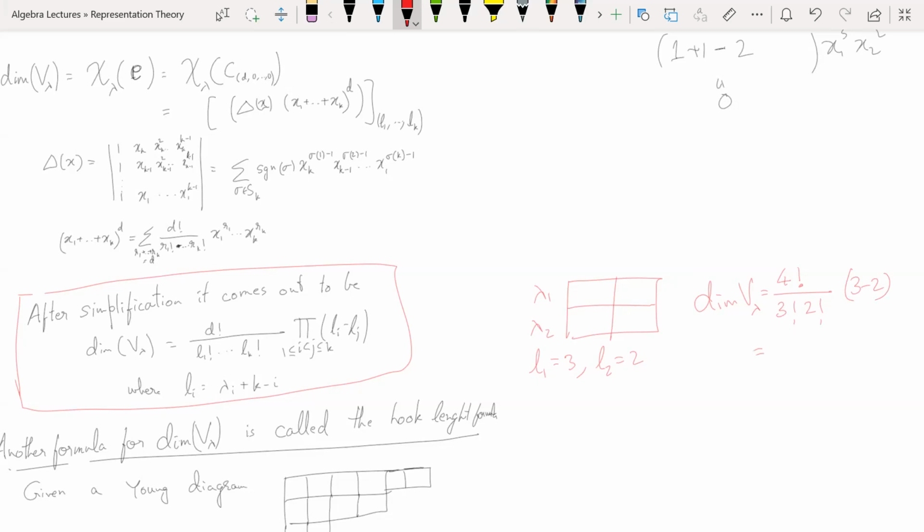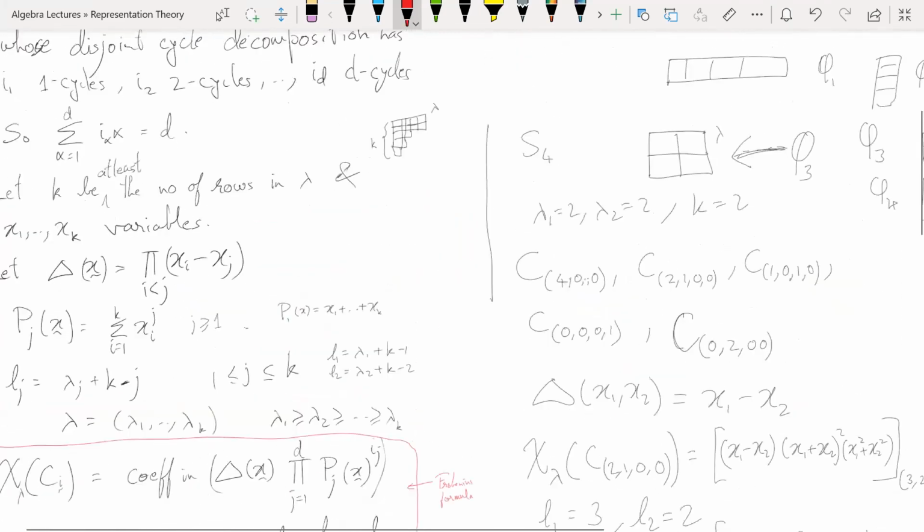Okay, so this is not guaranteed to be an integer, so something went wrong. No, this is 2. So it's 4 over 2 factorial, which is 2.